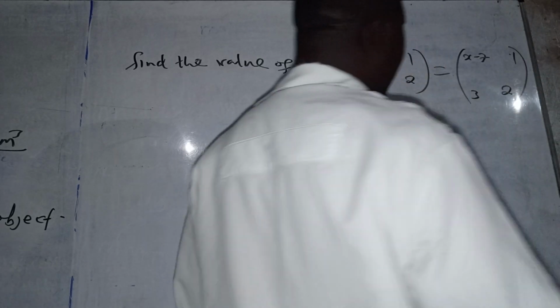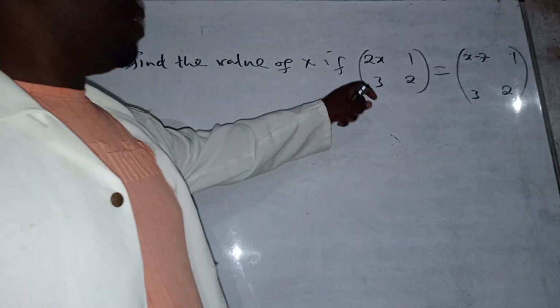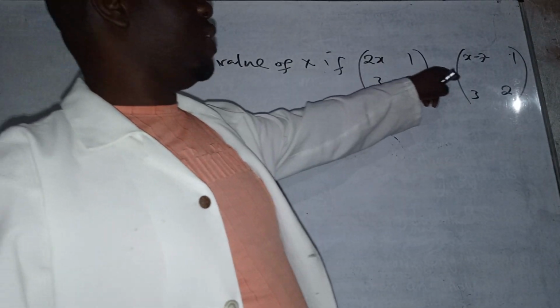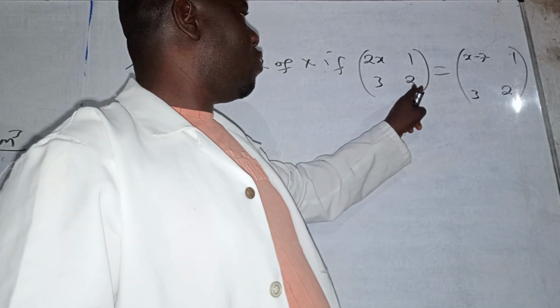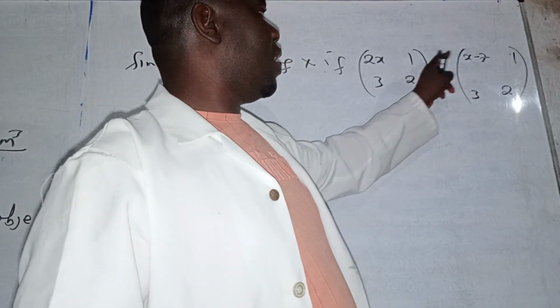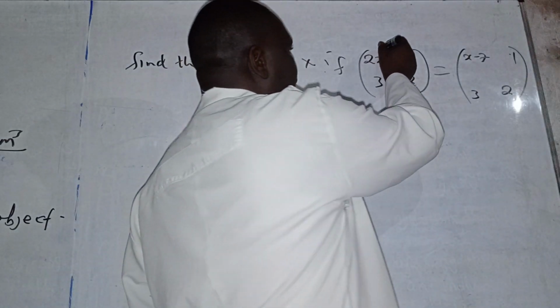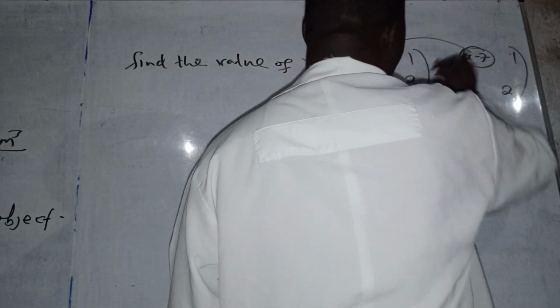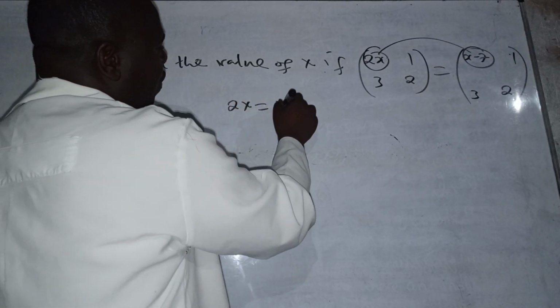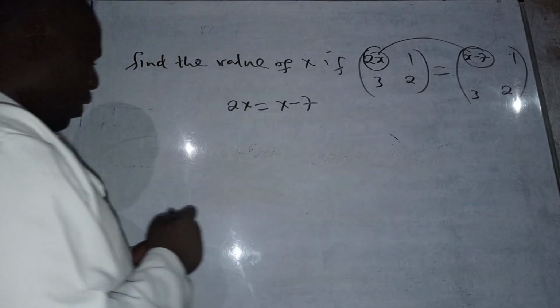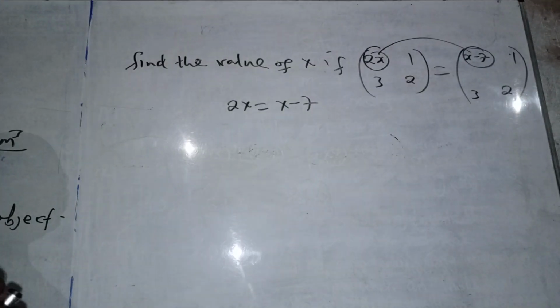As you can see, this matrix is equal to this matrix. I have 3 and here 3, 2 and here 2, 1 and there 1. So it means this part must be equal to this part, so 2x is equal to x minus 7. Then we find the value for x.